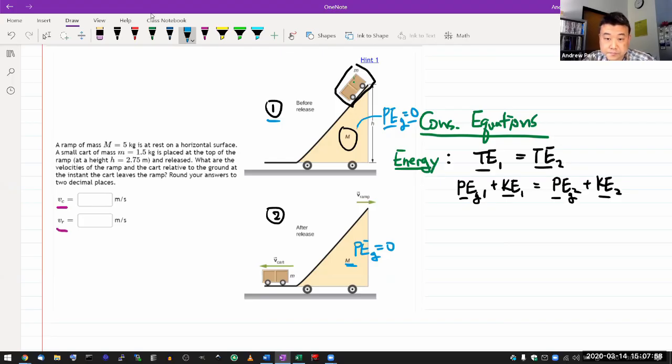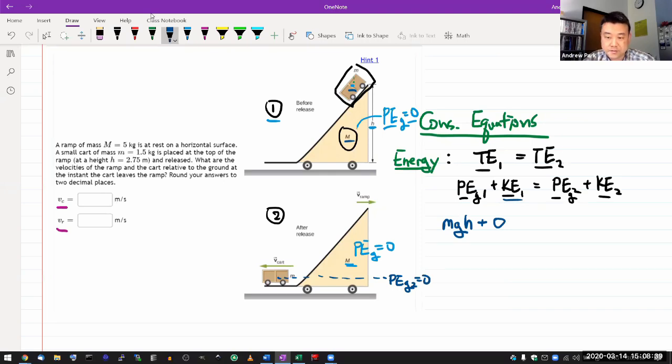And this cart here is at height h, so I'll need to account for that when I write down my potential energy. It's going to have potential energy of mgh at the beginning, plus, for the kinetic energy, all I need to do is acknowledge that it's 0 at the beginning. The cart is at rest, the ramp is at rest, 0 kinetic energy all throughout. For the total energy final, when I wrote down mgh, I'm implicitly saying that the potential energy of the cart at snapshot 2 is equal to 0.